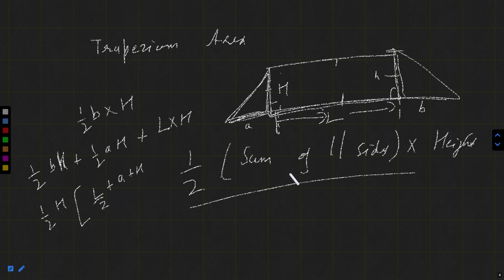Simple. First of all, if this is L and this is also L, you have a rectangle with breadth H. So the area will be L into H, length into breadth.